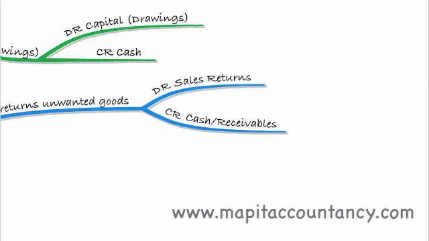So we'll have a new account called sales returns, which we will net off against sales later on. And we will credit cash or receivables, depending on whether that person paid in cash or we had created a receivable where they owed us that money. So if the customer returns unwanted goods, that's the transaction that we deal with.